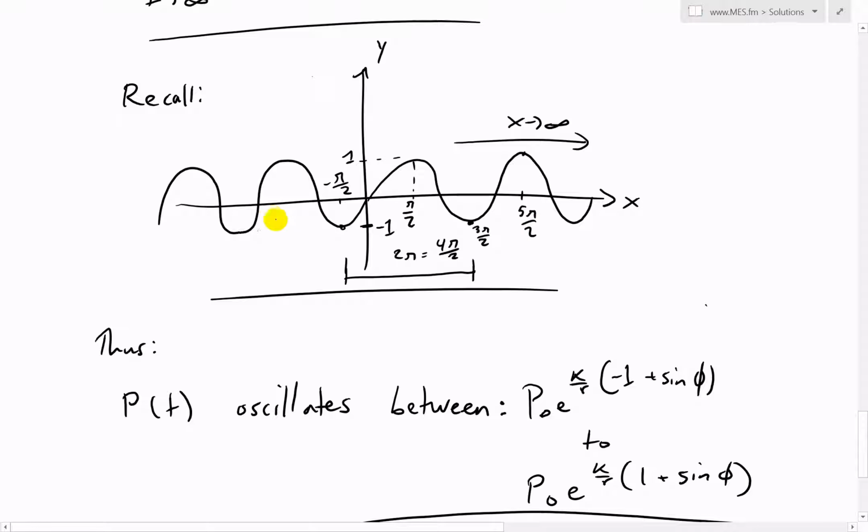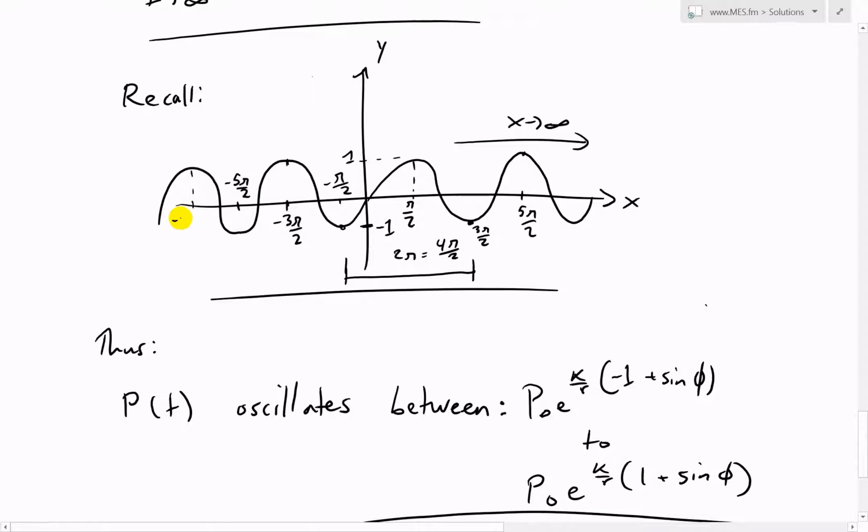And going to the left side here, you can shift by negative 4 pi over 2. This is going to be negative 3 pi over 2. And this one you can move by a negative pi, which is the same as negative 2 pi over 2, over to here, and this is going to be negative 5 pi over 2.